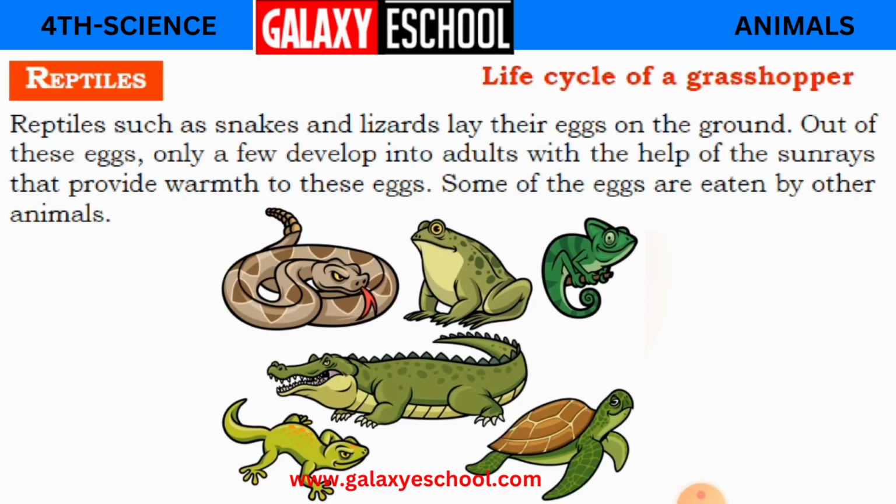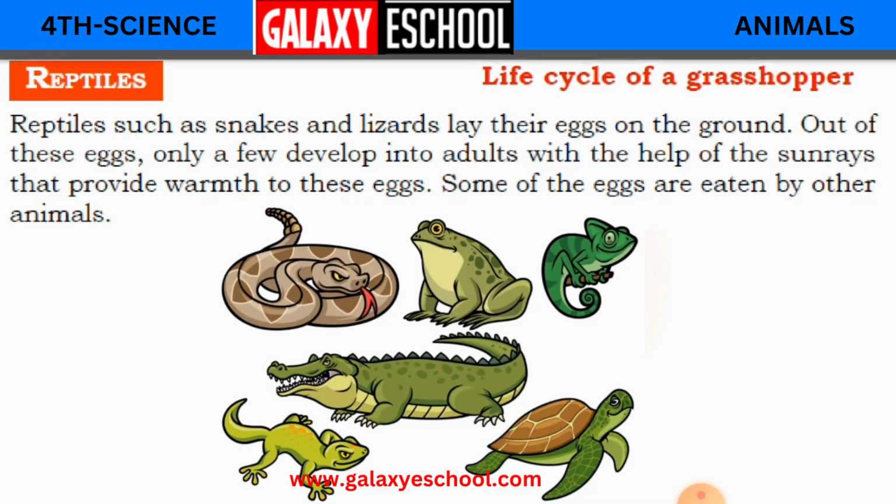Reptiles such as snakes and lizards lay their eggs on the ground. Out of these eggs, only a few develop into adults with the help of the sun rays that provide warmth to these eggs.